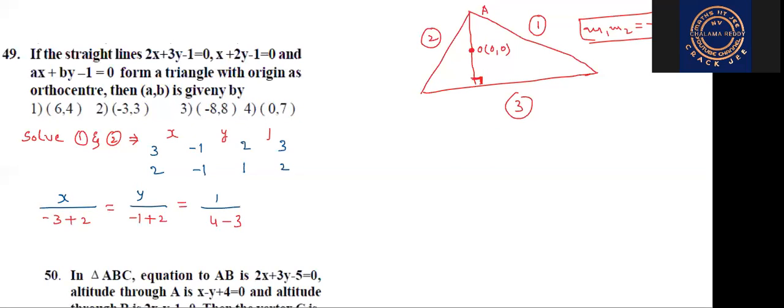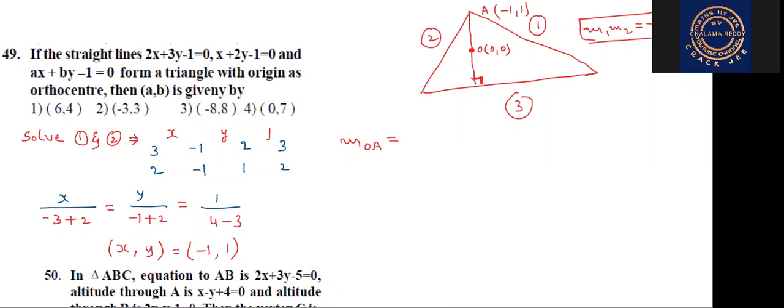Finally, what about x and y? X is -3 plus 2, that is -1, and y is 1. So the point is -1 comma 1.